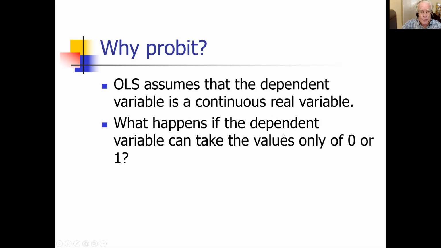In these cases, the dependent variable, that is the variable on the left-hand side of the equation, may not take on continuous real values, but instead only the values of 0 or 1. 1 may indicate a respondent that smokes, and 0 may indicate that the respondent does not smoke. So this is qualitative information rather than quantitative.